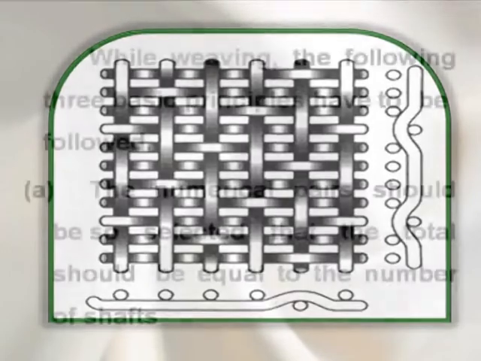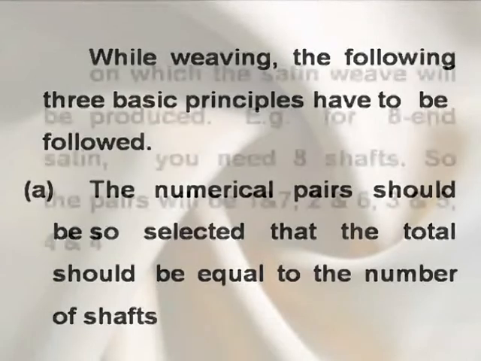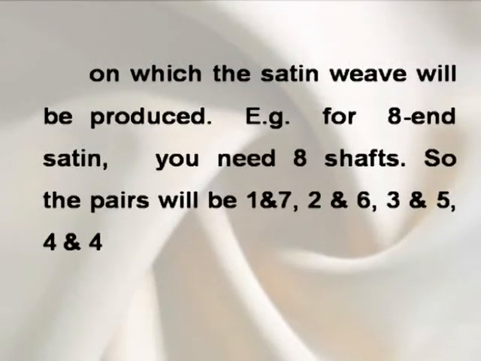While doing sateen weaving, the following 3 basic principles have to be followed. A. The numerical pairs should be so selected that the total should be equal to the number of shafts on which the sateen weave will be produced.